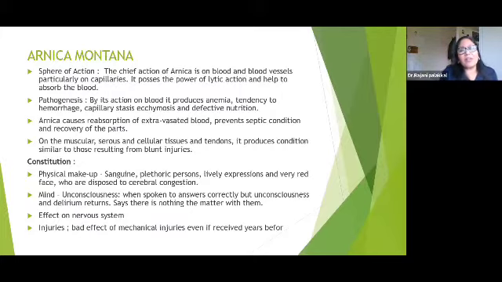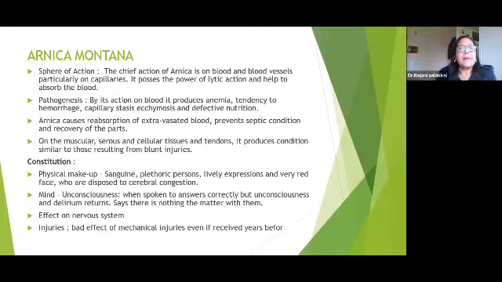Arnica sphere of action: the chief action of Arnica is in blood and blood vessels, particularly on capillaries. It possesses the power of lytic action and helps to absorb the blood. That was the action we saw in the first and second cases.